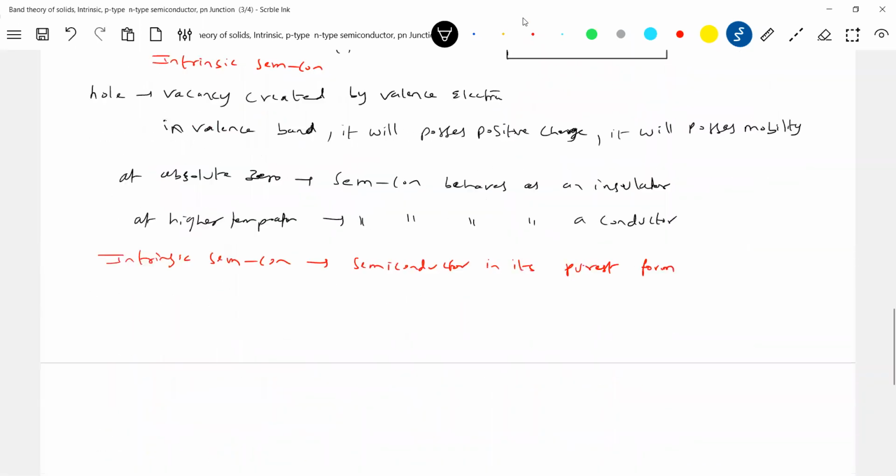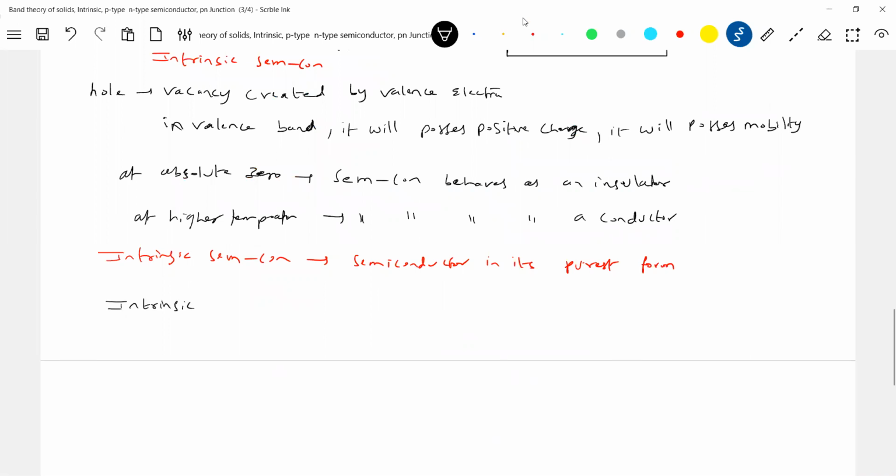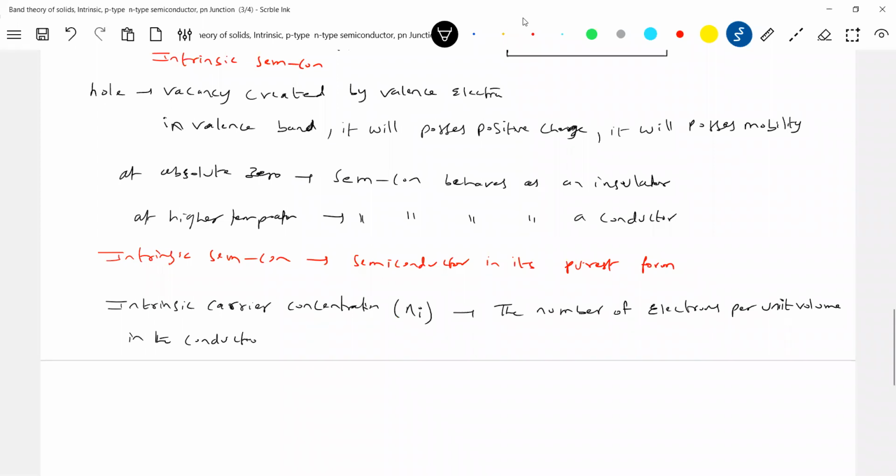Intrinsic carrier concentration: this is the number of electrons per unit volume in the conduction band, or the number of holes per unit volume in the valence band, is called the intrinsic carrier concentration.